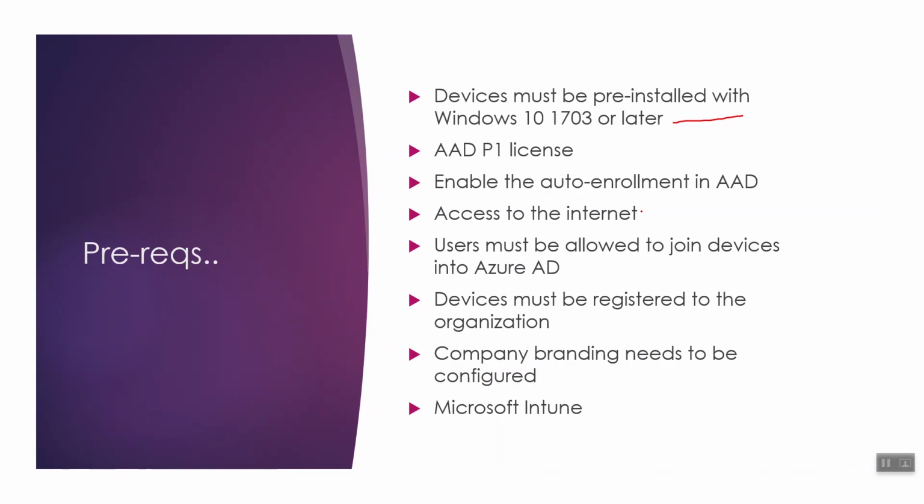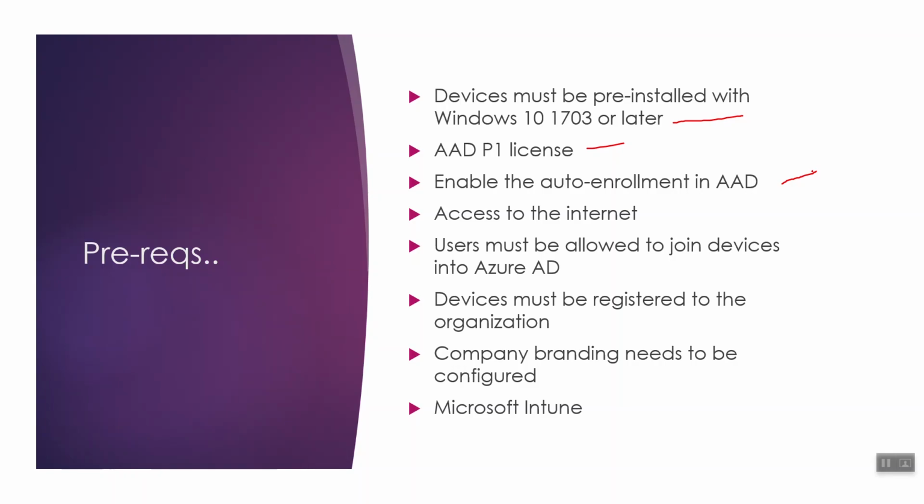What happens in Autopilot is that once the device goes through the out-of-the-box experience, at one stage the device gets Azure AD registered and then enrolled to the MDM. In this case, we are talking about Intune, therefore the device gets enrolled to Intune. For that to happen, we will have to enable the auto enrollment feature in the Azure AD blade. Only if this is enabled, the device is going to get enrolled to Intune.